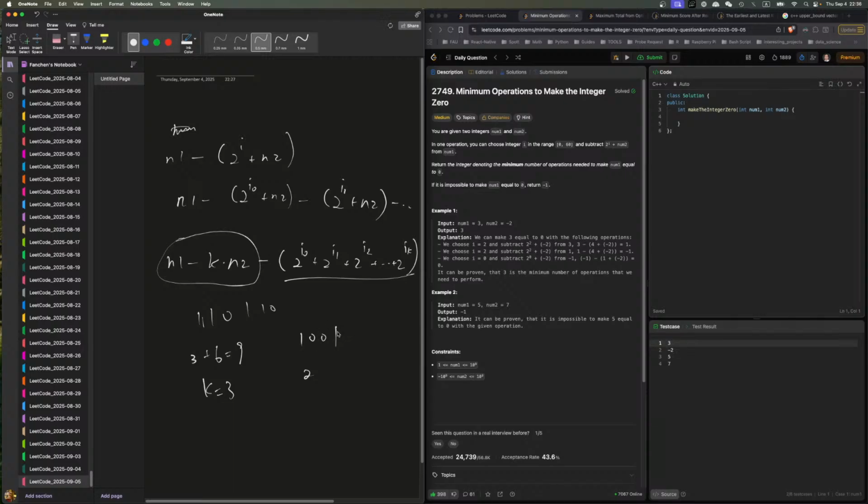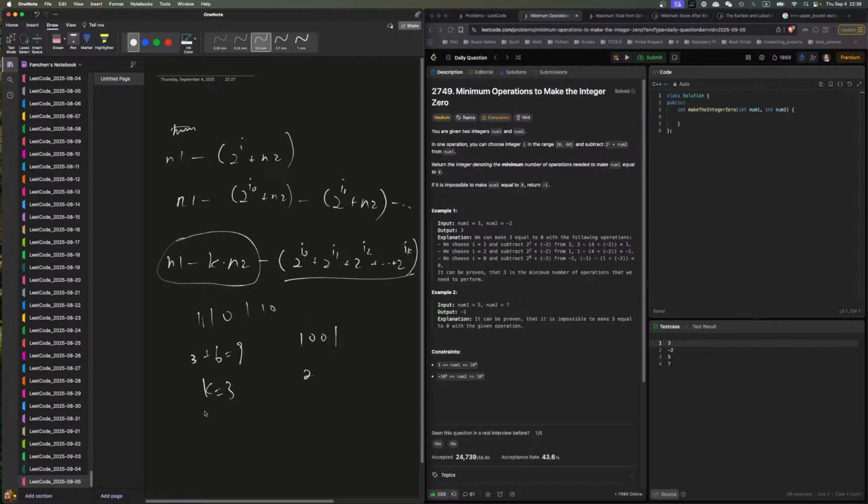Right? So that's okay. 1 can turn into 2. Because this, I can basically break it down into 2 of this. Right? 2 of this. So every one can turn into 2.